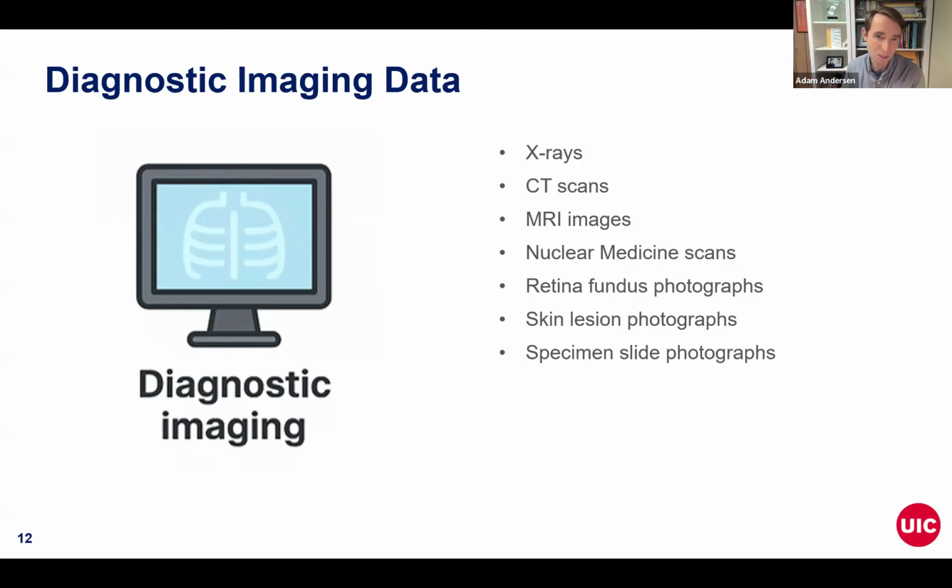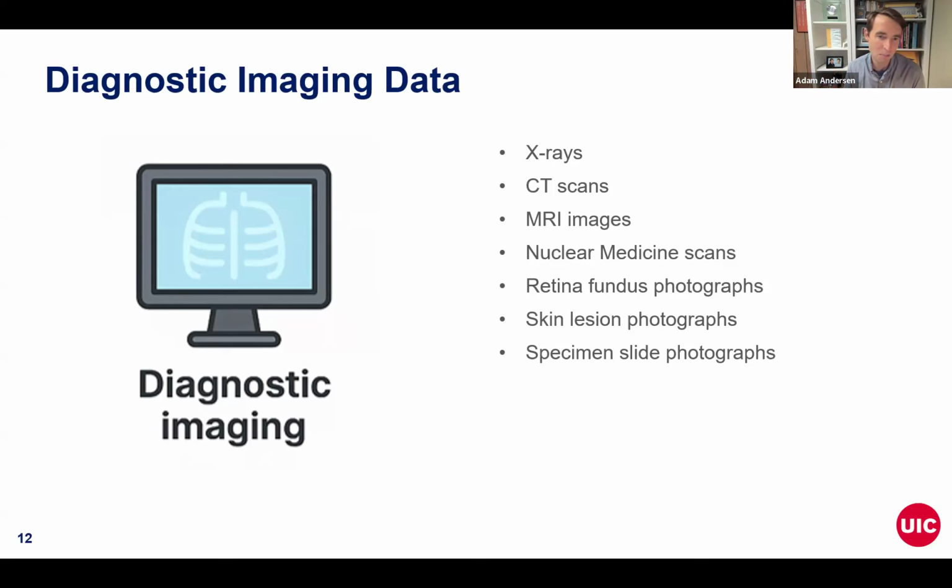So they can label these images like this is a normal X-ray, or this X-ray shows moderate arthritis, this X-ray shows a fracture, right? These images can be labeled with other markers. And again, all of that data can be fed into AI models, and you can develop predictive capabilities to detect certain abnormalities. And again, if you think about how many X-rays there are available, there's millions of these images.